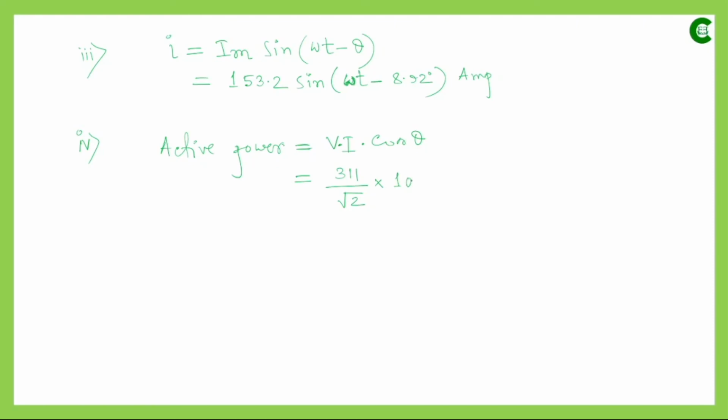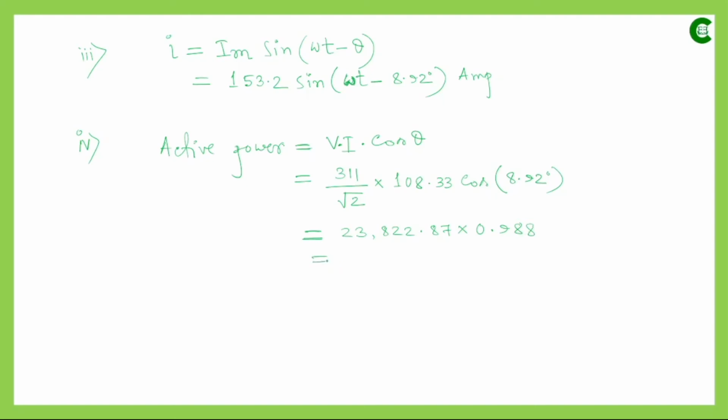So it will be 108.33, and cos of theta. Since it is cos, whether we write theta as negative or positive doesn't matter; finally we will get the same value, and the phase difference is 8.92 degree. So finally, 311 divided by root 2 multiplied by 108.33 will give us the value 23,822.87, and this cos 8.92 will give us 0.988.